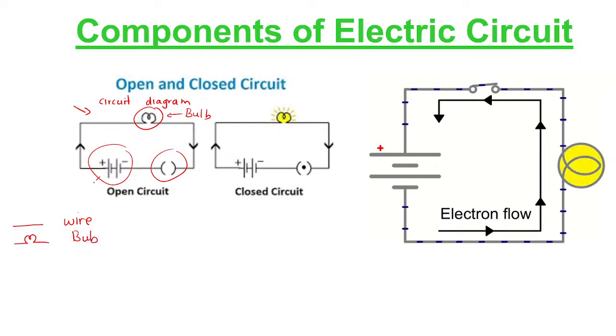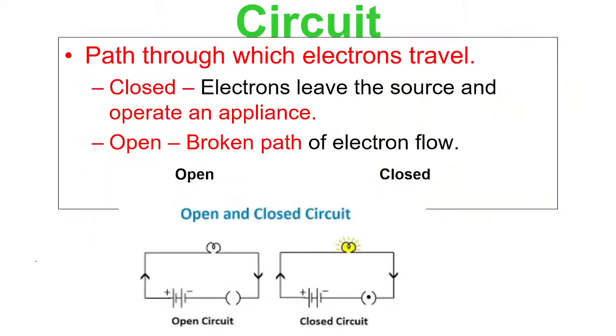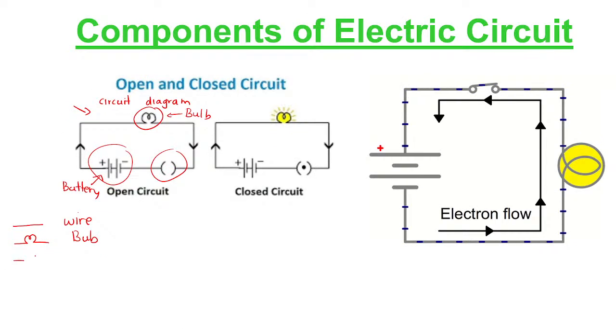Here, this symbol that you can see is for a battery. A single cell we represent like this. That's a cell. A combination of cells, we know, is a battery. So that's the symbol for a battery.